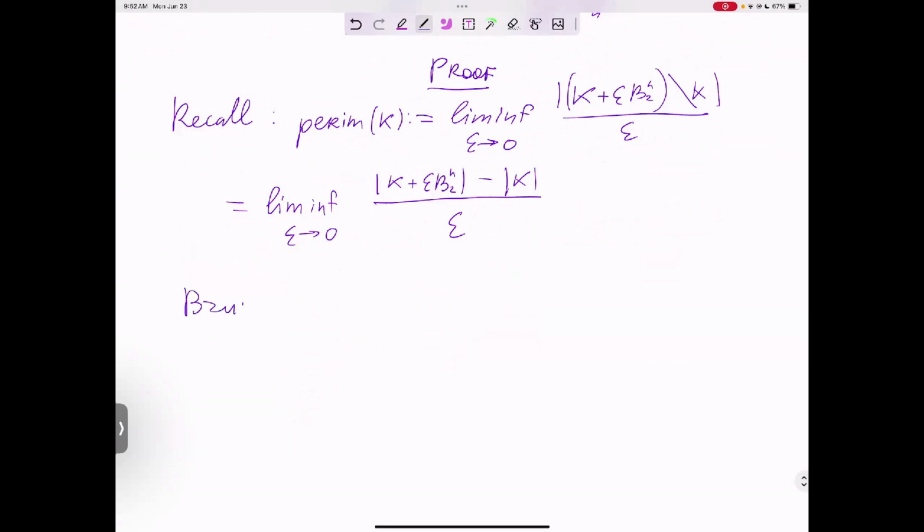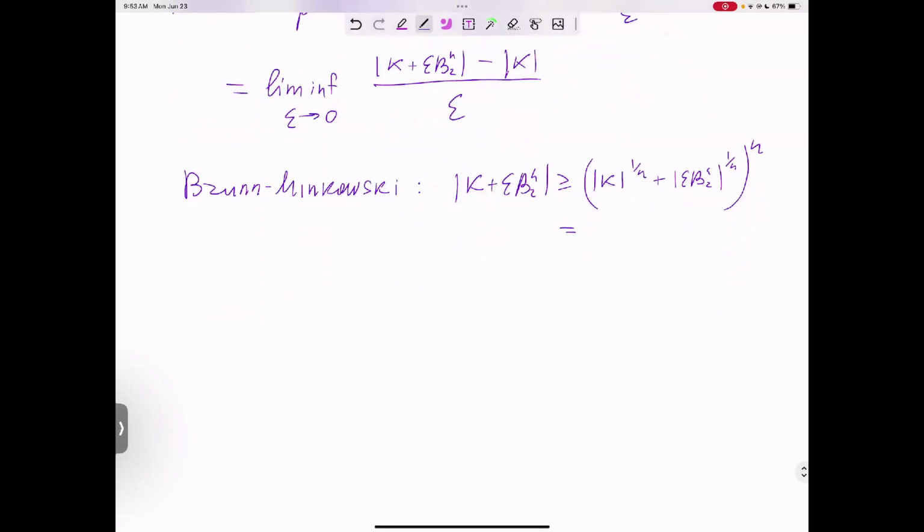Exactly. So Brunn-Minkowski inequality tells us that the volume of K plus epsilon ball is bigger than the volume of K to the power 1 over n plus the volume of epsilon ball to the power 1 over n, altogether raised to the power n, right?